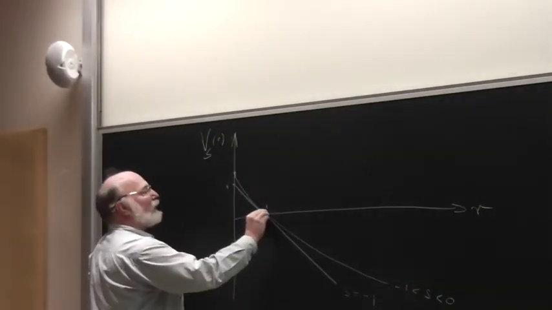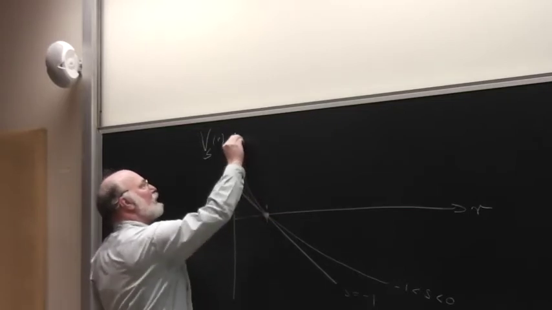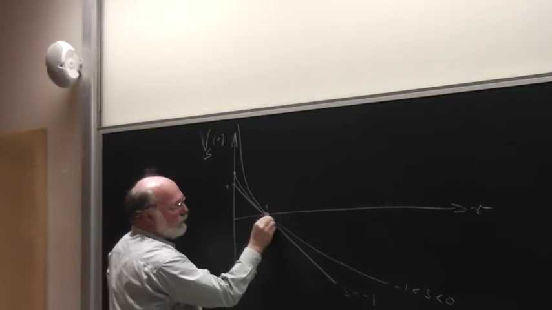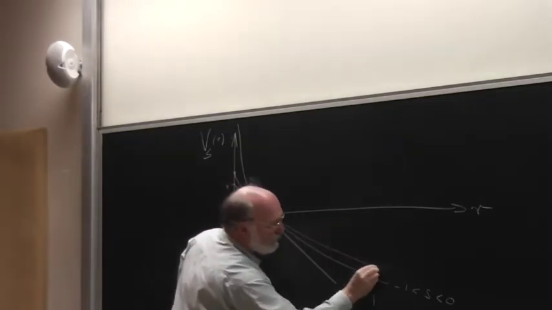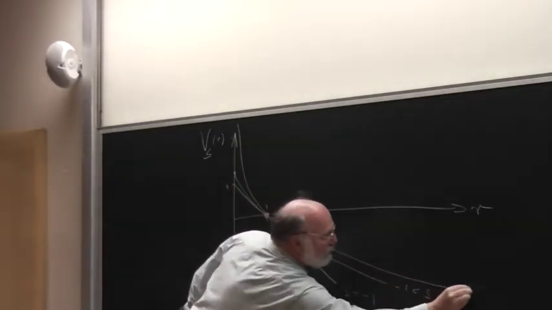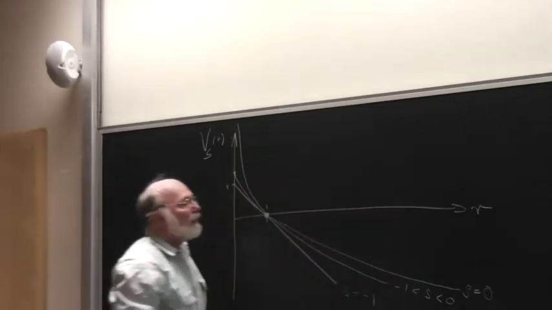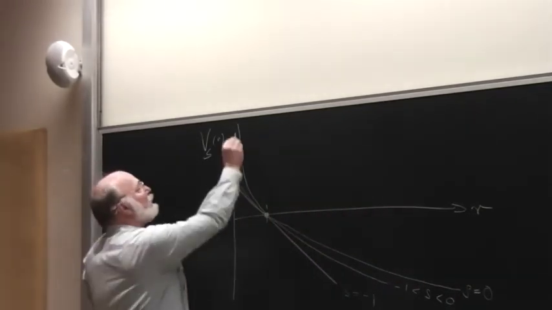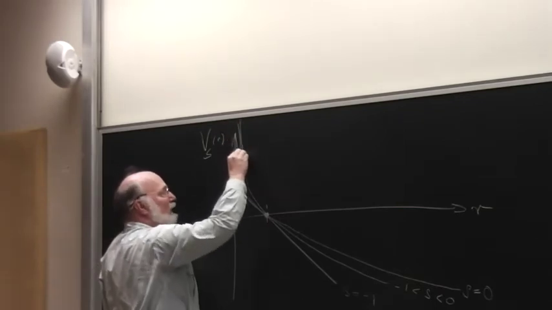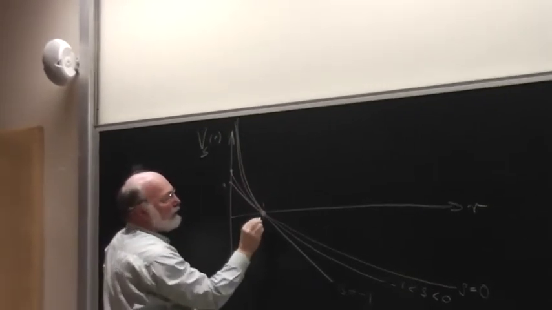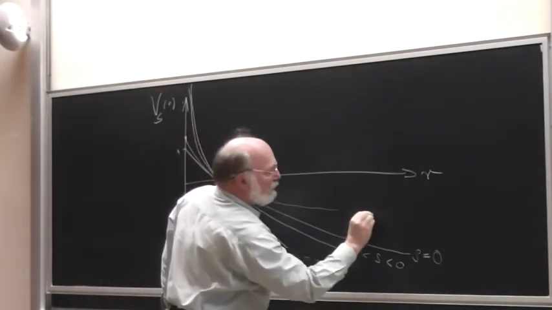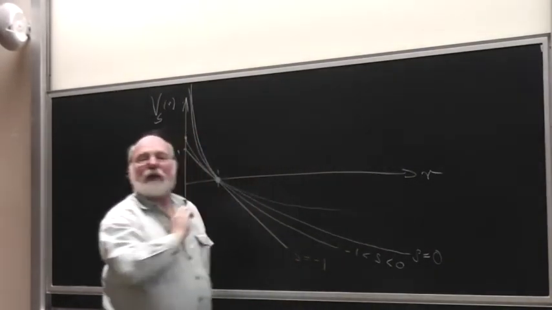If s is 0, you have the log, so it goes to infinity when r goes to 0, just much slower. If s is bigger than 0, it also goes to infinity, touches at 1, but now tapers off eventually, asymptotic to a constant.